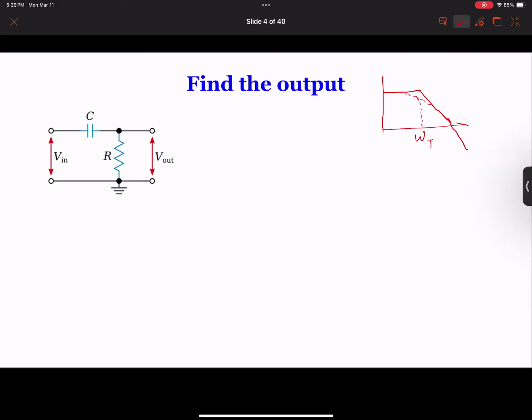And in this region, there's 0 dB. But in this region, they call it minus 20 dB per decade. What it means is that your gain will drop 20 dB for every frequency increase of 10 times. Does it make sense?